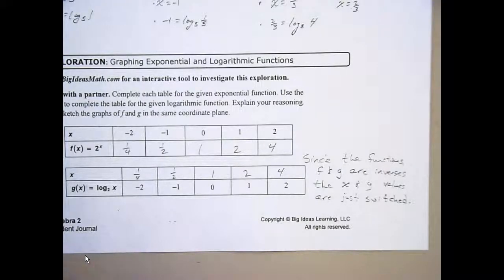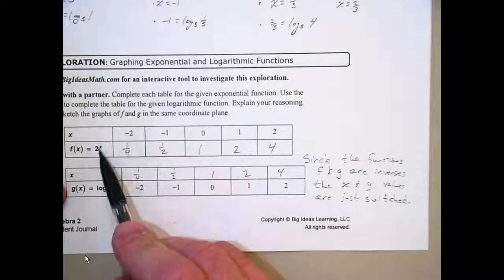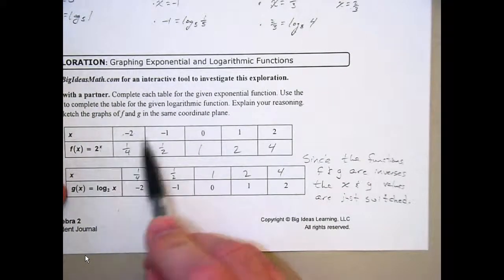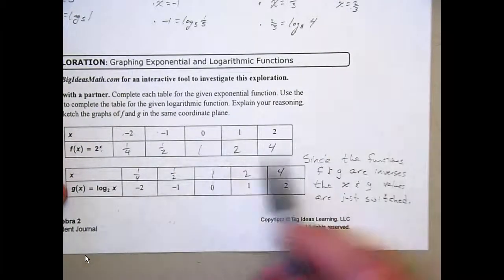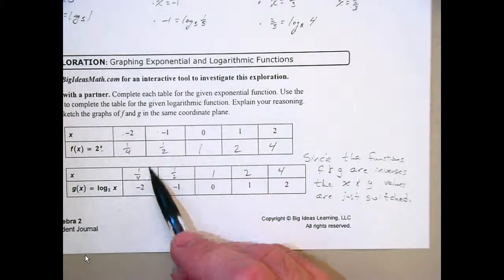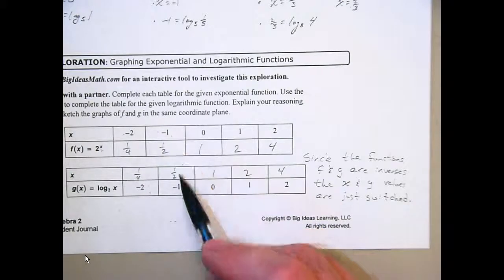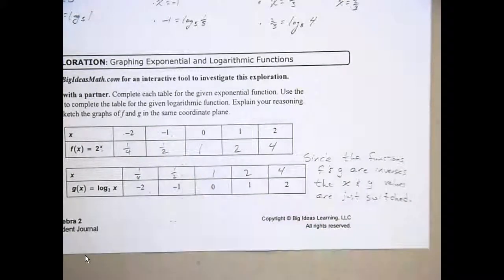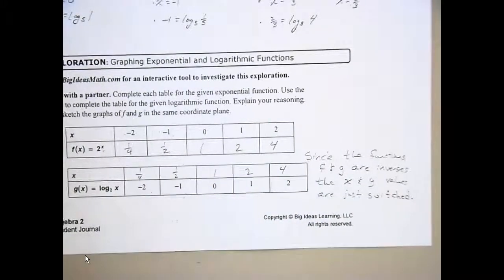So 2 to the negative second is 1/4, 2 to the negative first is 1/2, and we keep going through there, and then since they're inverses, we just switch x and y. So -1 is now down here, and 1/2 is now up there. If you graphed them, those should be a reflection over the line y equals x.